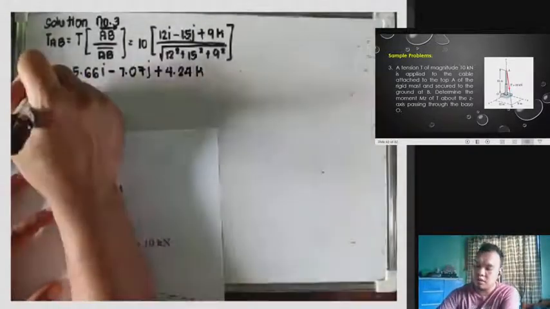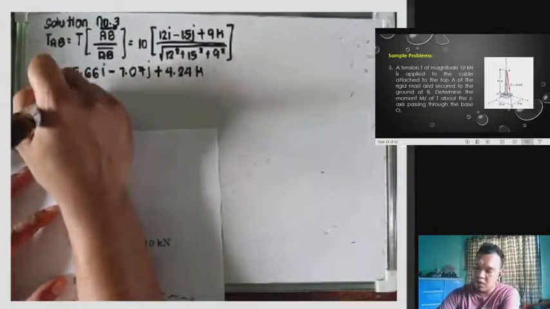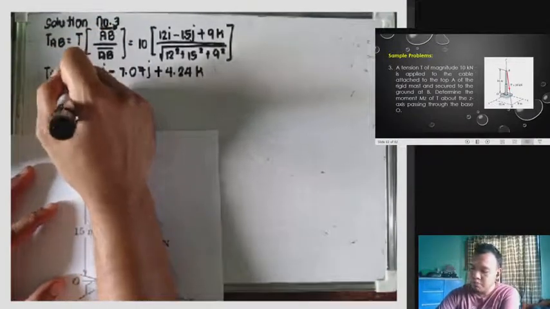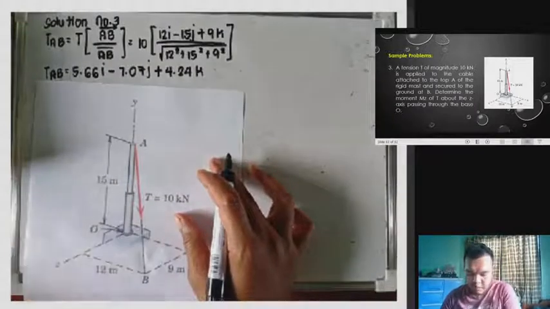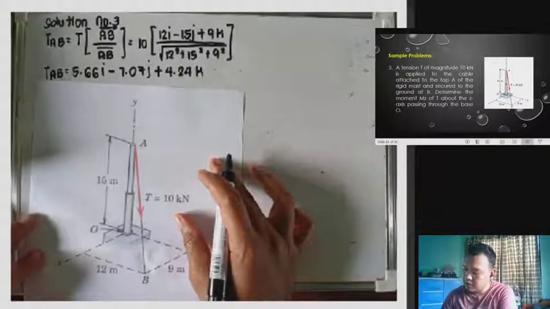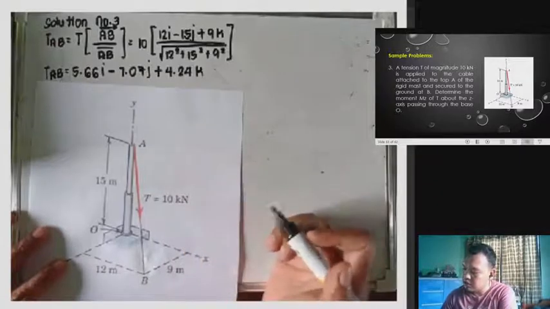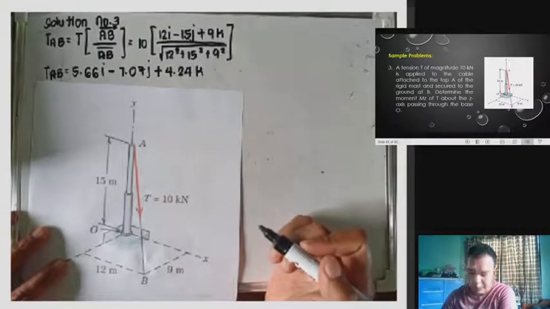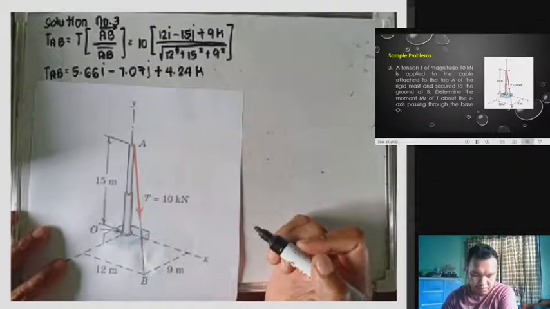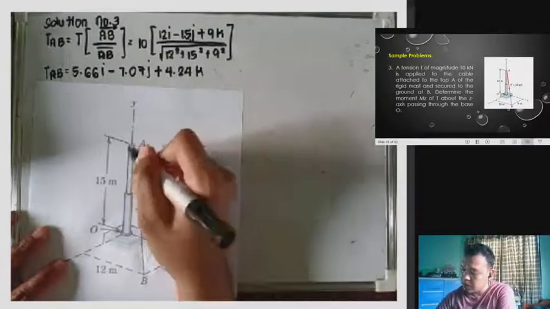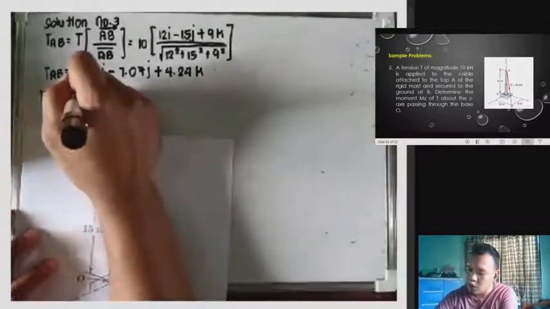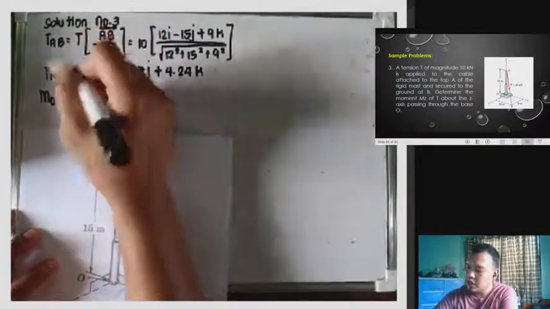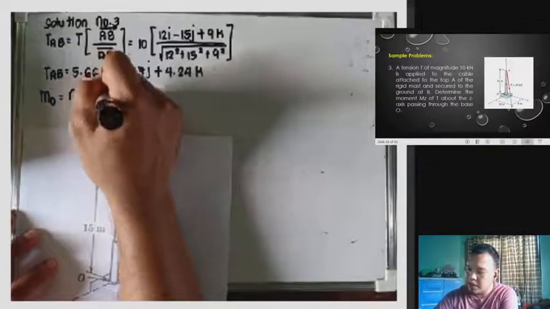Then we have here moment MO is equivalent kay R. So yung distance natin para kay z-axis, ito, papunta dito. So, we have here ROA multiplied by TAB.